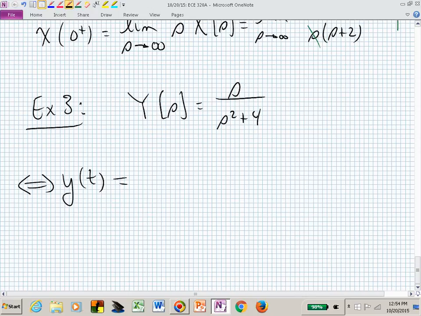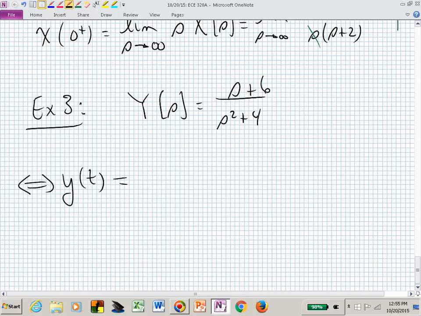Is it a combination of sine and cosine? It's not, because we just have that isolated s term in the numerator. If we had something like s plus 6, then we have a combination of sine and cosine, both at the same frequency. The frequency is 2.